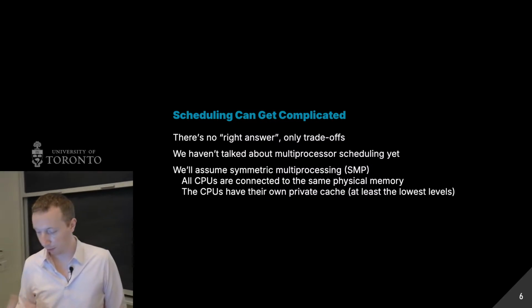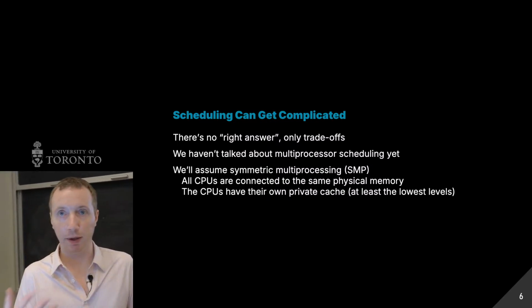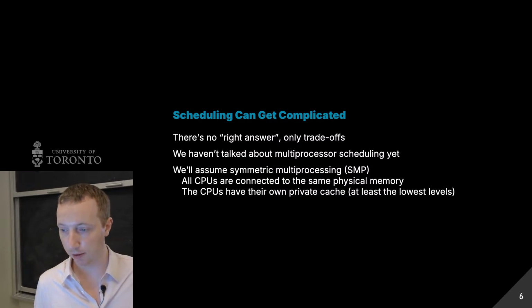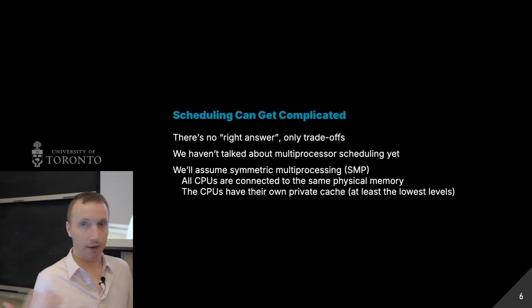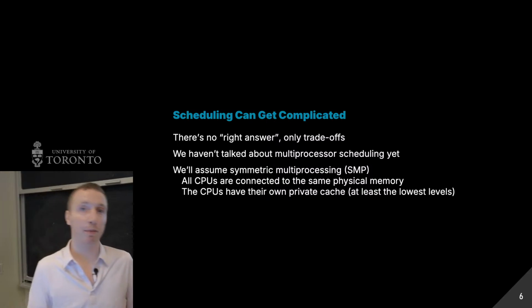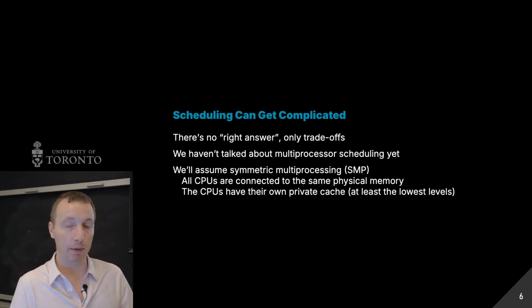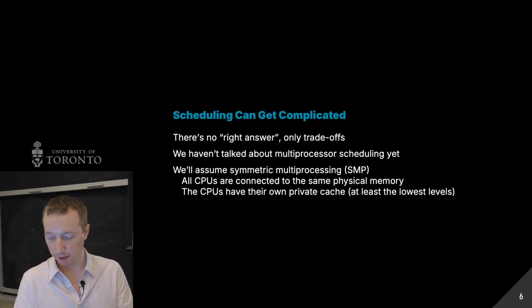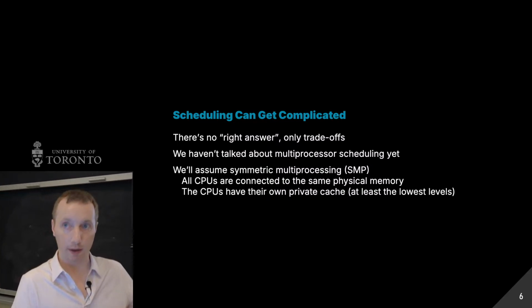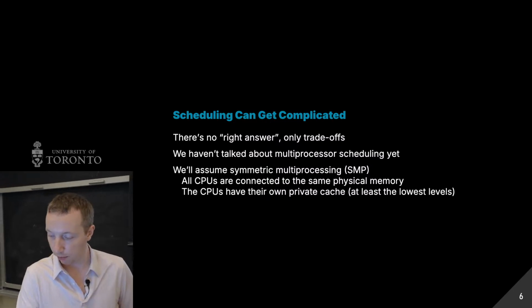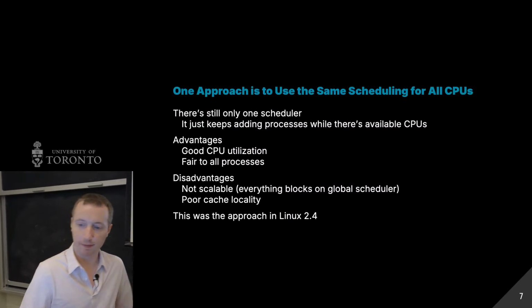But for this course, we'll just assume most consumer CPUs, all CPU cores are treated the same. They can see the same physical memory and everything like that. And most CPUs have their own private cache, at least at the lowest levels. So they might share at some level, but there's some type of cache that exists on a CPU core. So that is what we will assume for this course.